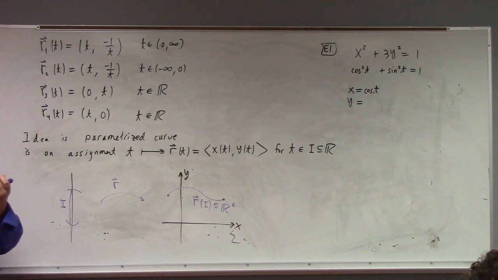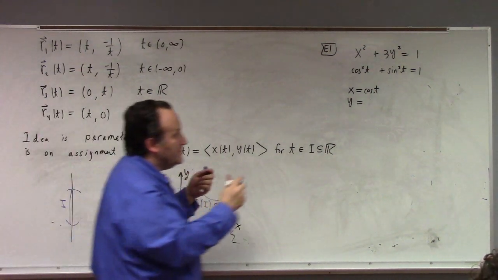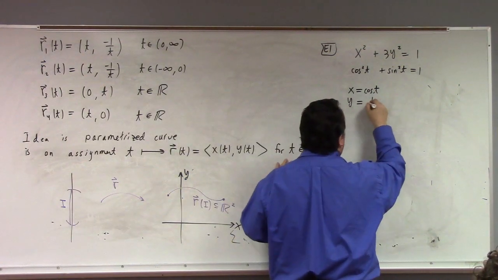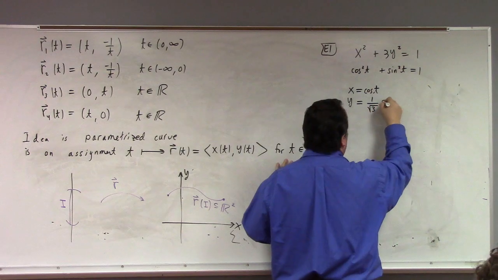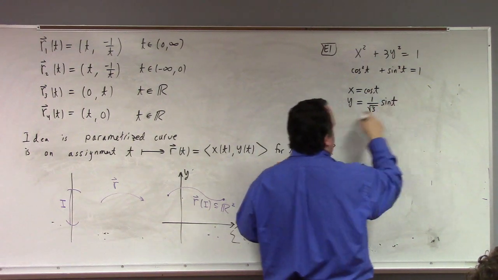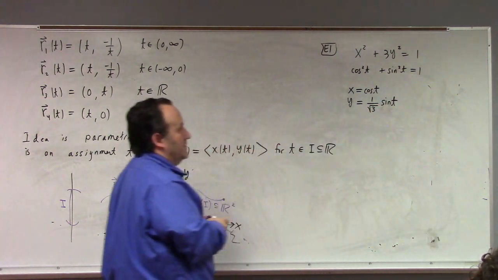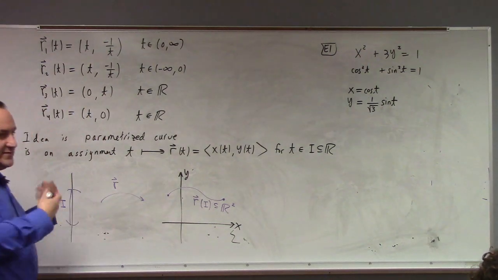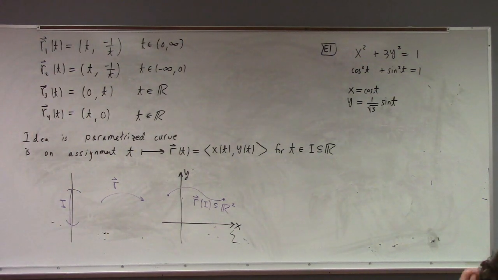So what should I make y equal to, to make that 3 go away? Yeah, 1 over the square root of 3 times sine t, right? If I do this, then when I look at the square root of 3 times y and I square it, that's 3y squared and that's sine squared, right?